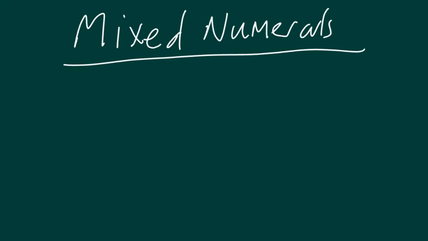Okay, next I'm going to look at is mixed numerals, because that's what you've got on your books here. So you've got improper fractions where your number is greater at the top than it is at the bottom. But you've also got mixed numerals. Now mixed numerals means it's a combination of a whole number and a fraction. As an example to that, I might say 3.5. Okay, 3.5 is a mixed numeral because it's got a whole number there and a fraction with it.